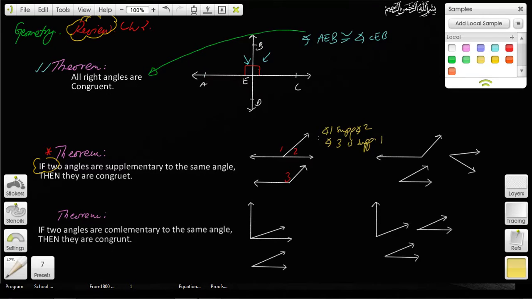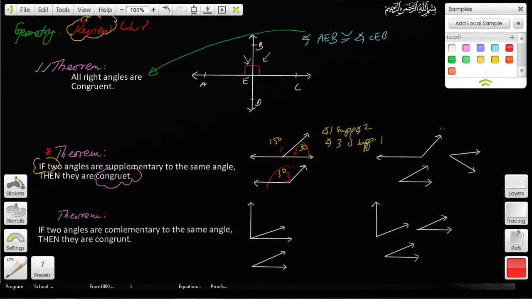So if two angles are supplementary to the same angle, then they are congruent. Let's say, for example, this is 150, and 1 and 2 are supplementary, so this is 30. And 3 is supplementary to 1, so it has to be 30, right? So therefore, angle 2 and angle 3 must be congruent.